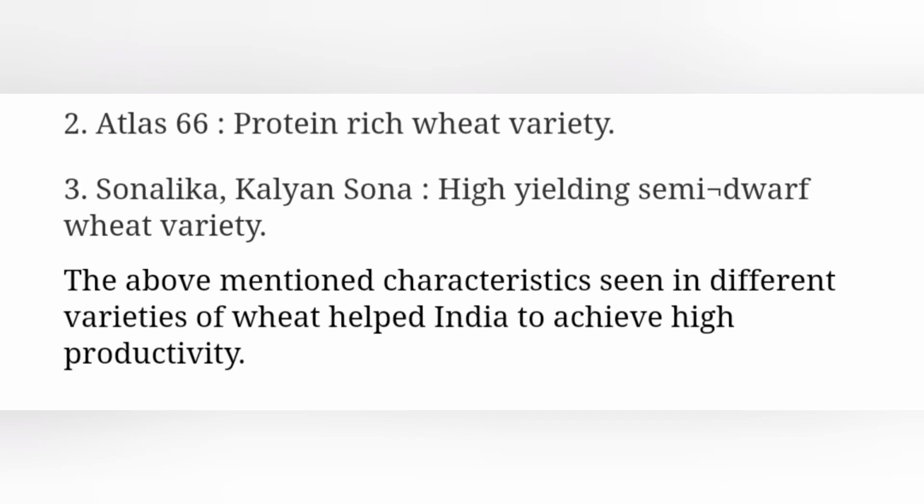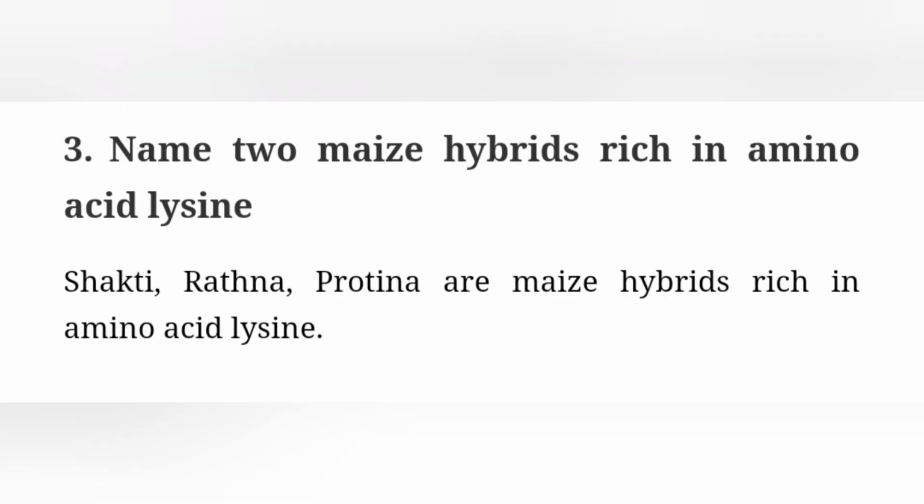Then second one, Atlas 66, protein-rich wheat variety. Then third one, Sonalika, Kalyan Sona, high yielding semi-dwarf wheat variety. The above mentioned characteristics seen in different varieties of wheat helped India to achieve high productivity.